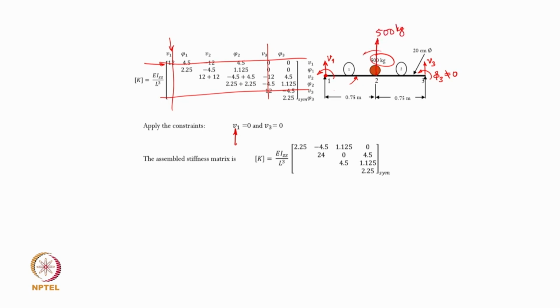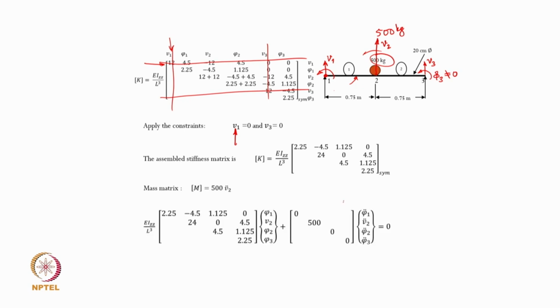So, basically the rotational inertia is neglected here, and if that is the case, then your mass matrix will only have an element at the degree of freedom corresponding to the translation here, so about V2. And so, the mass matrix would look like this in the assembled condition, because in the assembly we all know that what we are left with is phi 1, V2 and phi 3, sorry phi 2 and phi 3.